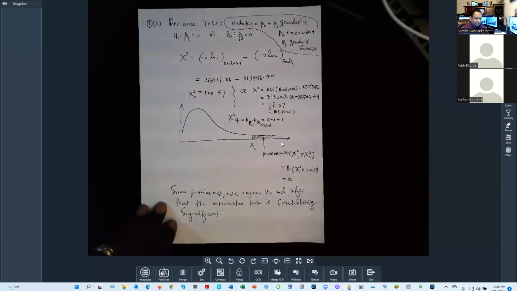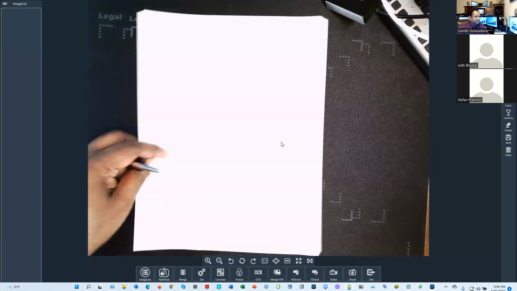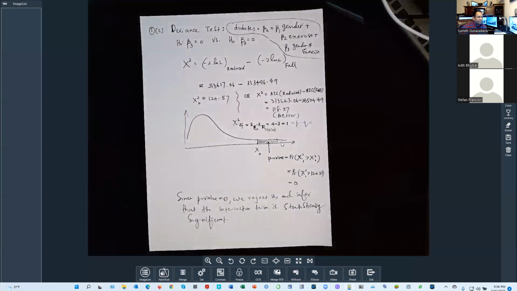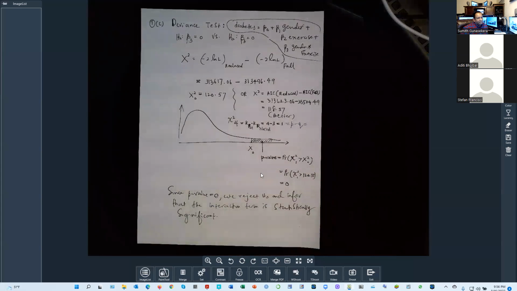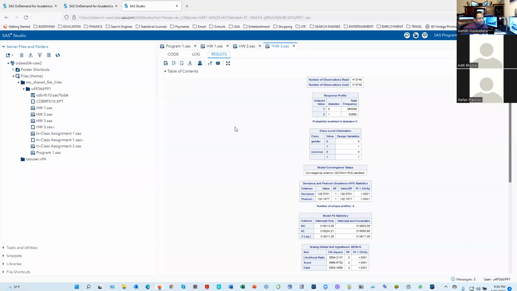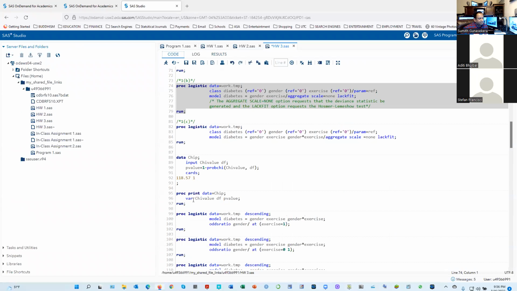So you can get the degrees of freedom, P minus Q. P is how much? 4 minus 3, or K full and this one, both ways. So you're looking for the P value, once you get the P value corresponding to that one. See, we get the P value.